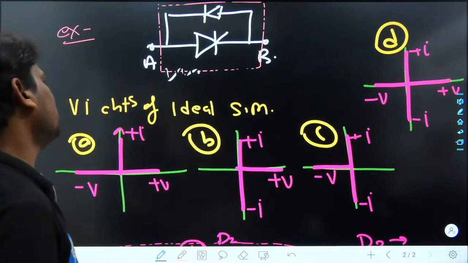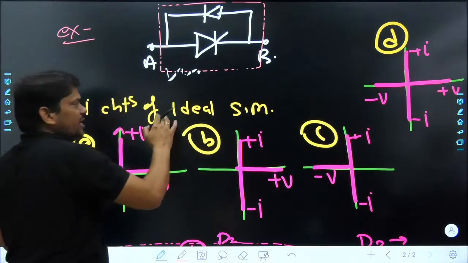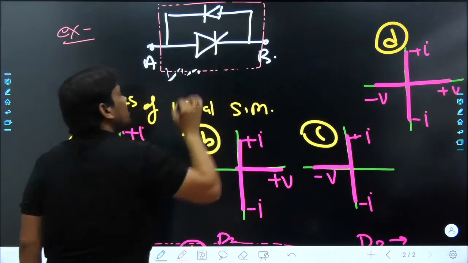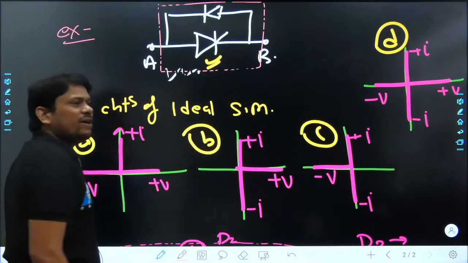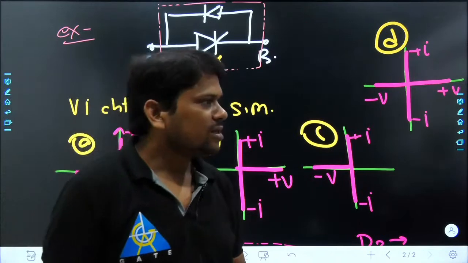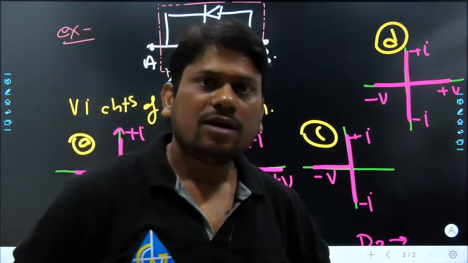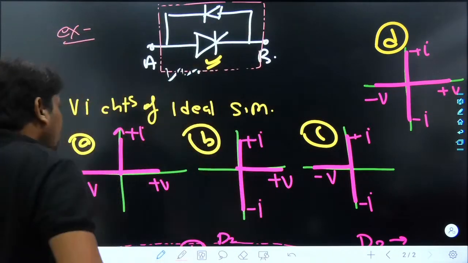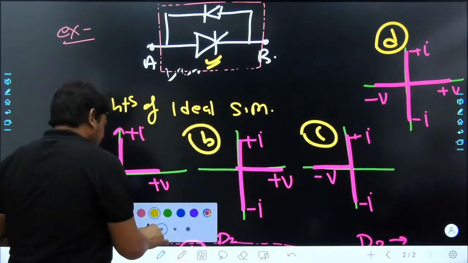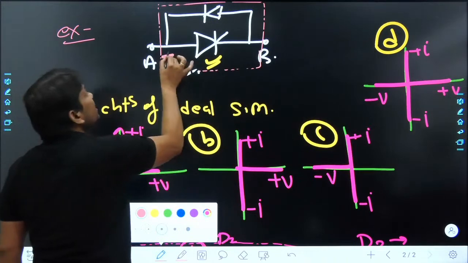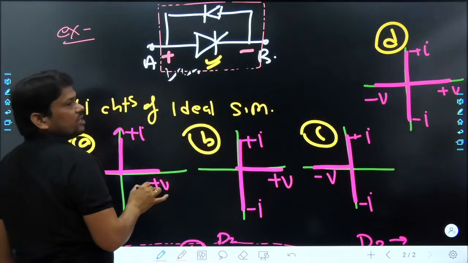Now see, first tell me, my dear friend, is an SCR a controlled device or an uncontrolled device? Think properly. If your answer is that the SCR is a controlled device, then it is very easy. We apply positive voltage here, negative voltage here.